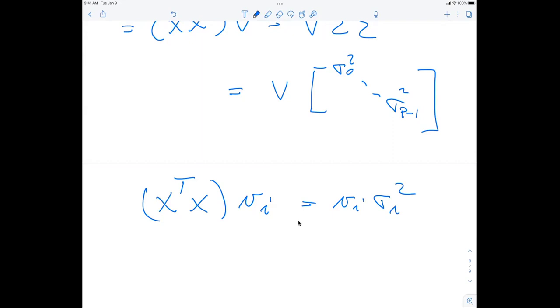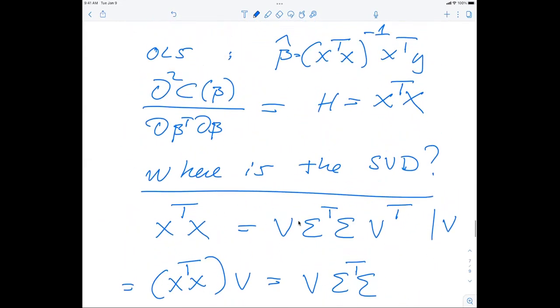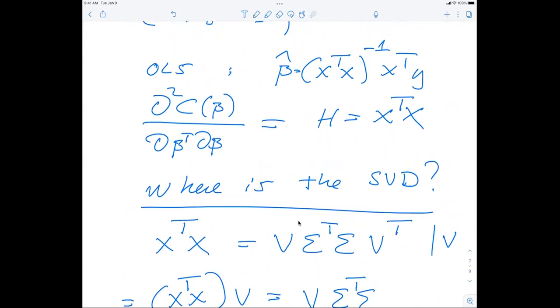So if I have solved the singular value problem, I can actually find the eigenvalues of the covariance. These eigenvalues are also the eigenvalues of the Hessian.